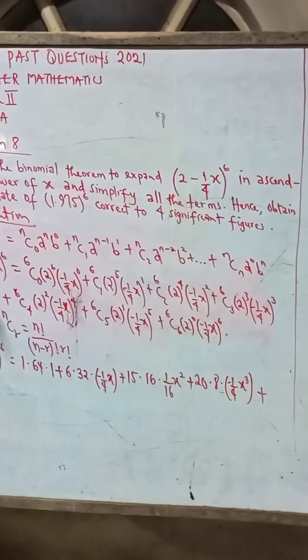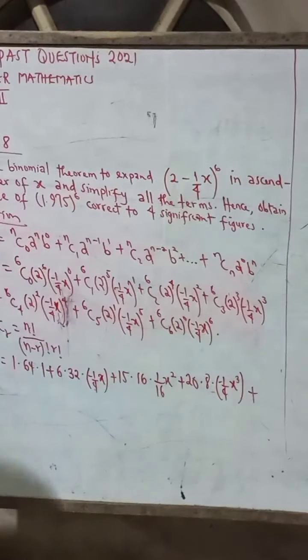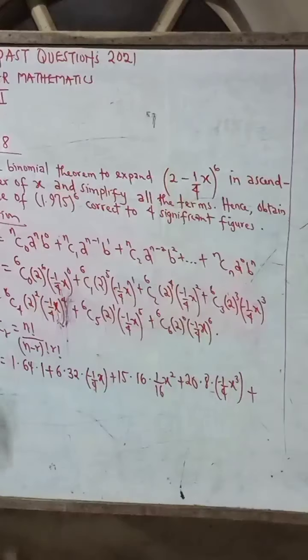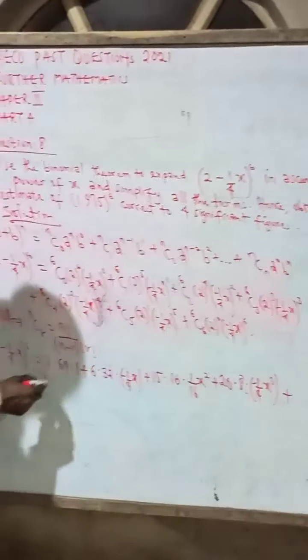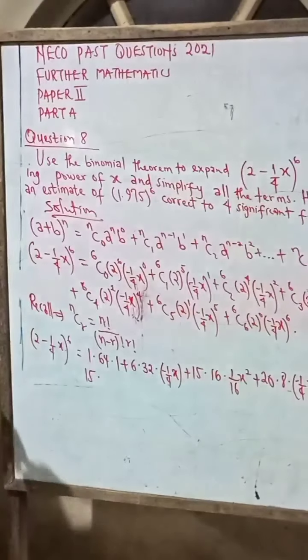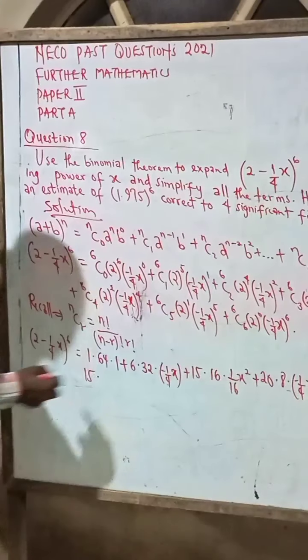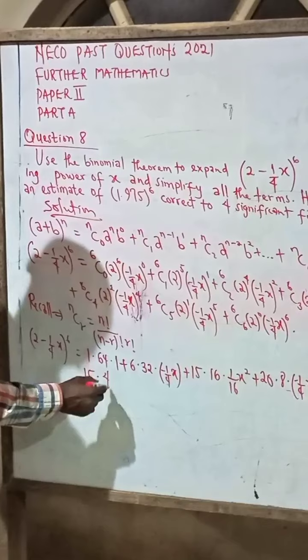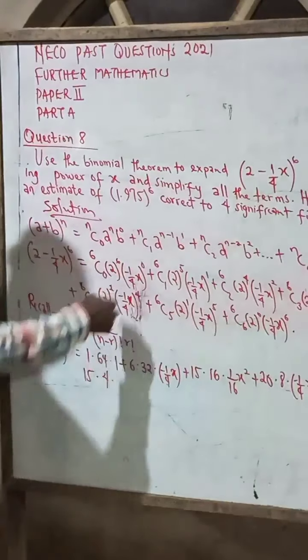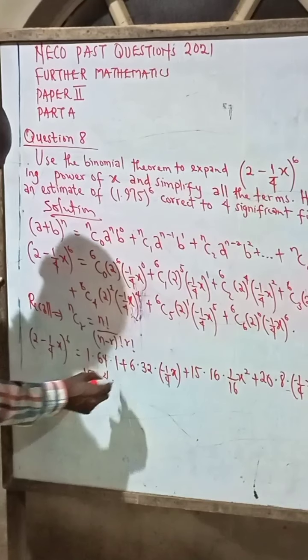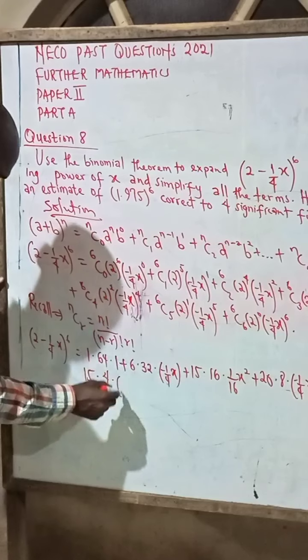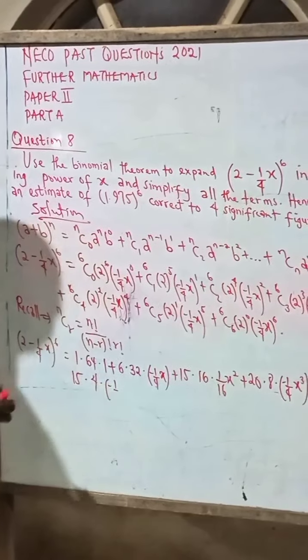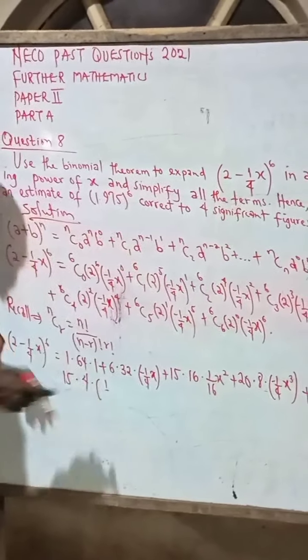6 combination 4 is also going to give us, by applying this formula, 15. So that's 15 times 2 raised to power 2, that's 4, times negative of this, that's minus 1 all over, oh excuse me, raised to power 4 will be positive.